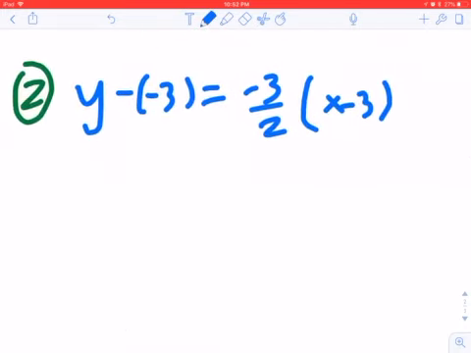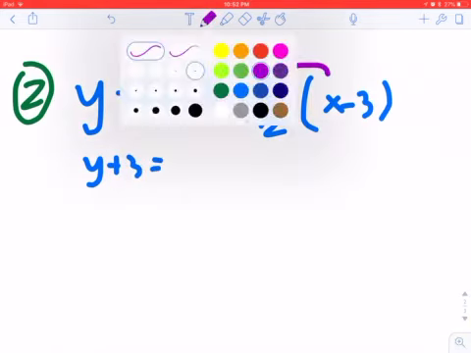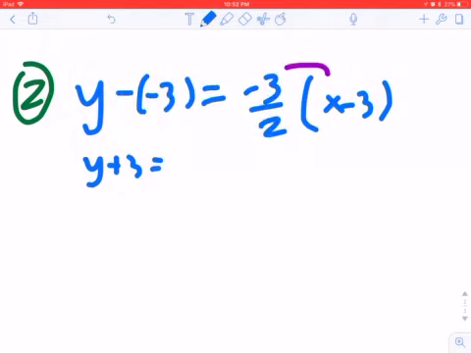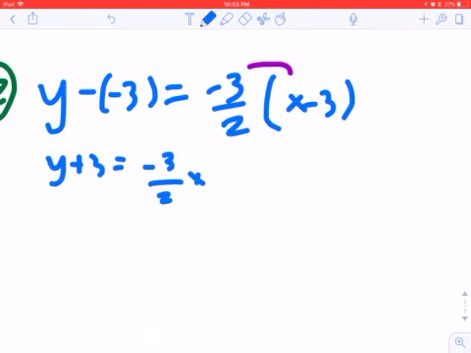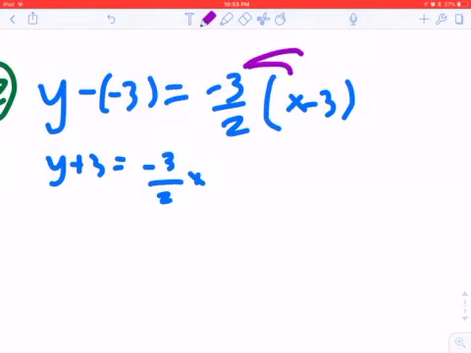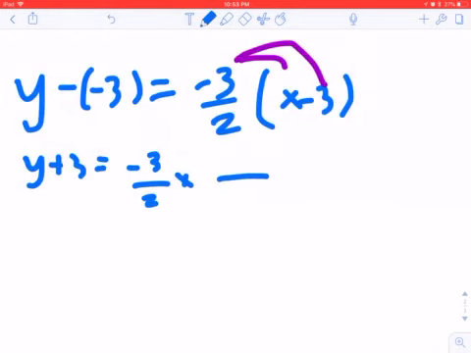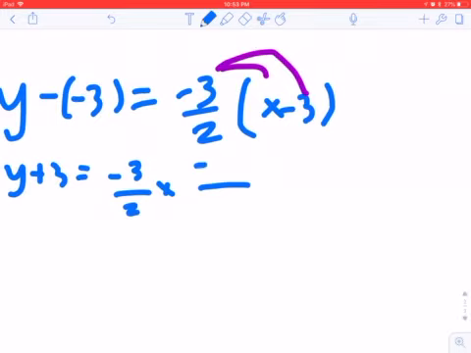So clean it up a little bit, it becomes y plus 3 is equal to, so I'm going to distribute this. Negative 3 over 2 times x, that's just negative 3 over 2 x. And then 3 over 2 times negative 3. We'll do this in a couple of steps. So I have negative 3 times negative 3 over 2.